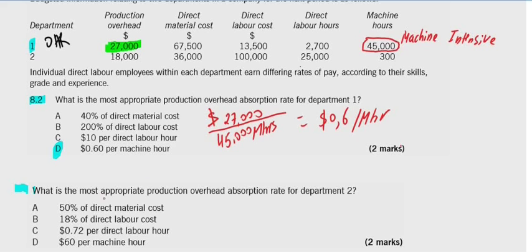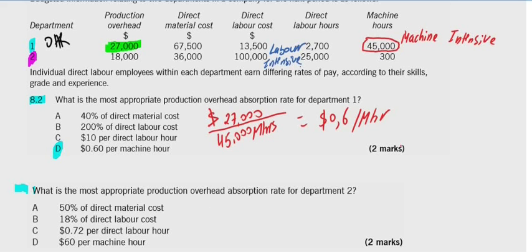This time we are required to find the overhead absorption rate for the second department, for this one. If we pay attention here, we have 25,000 labor hours, only 300 machine hours. That's why we say the second department is labor intensive, because we have 25,000 labor hours.